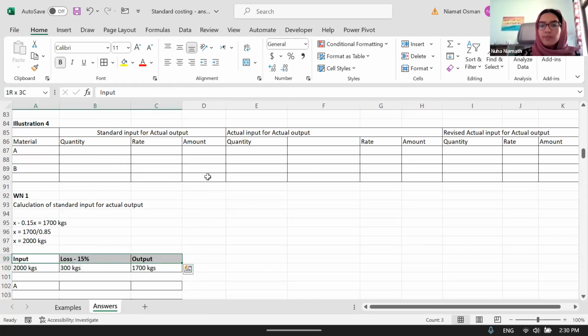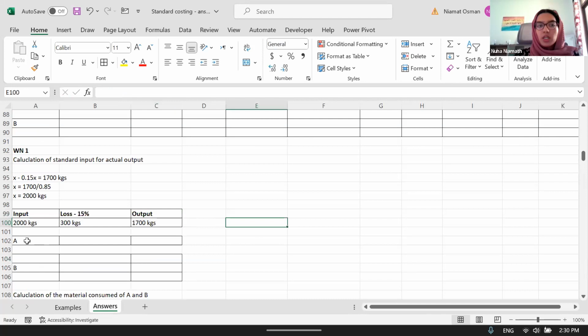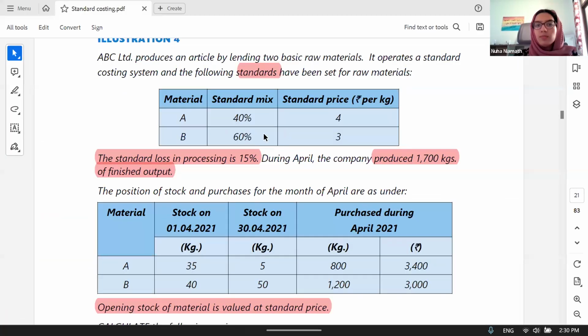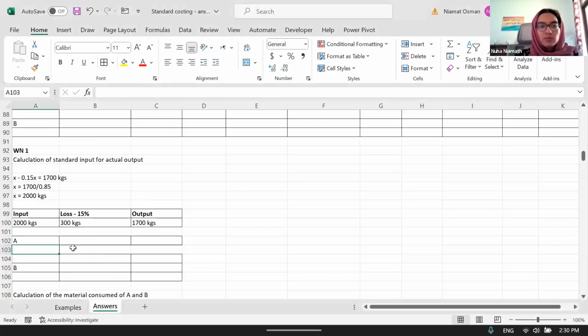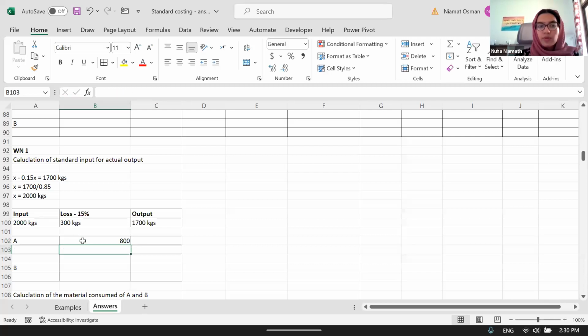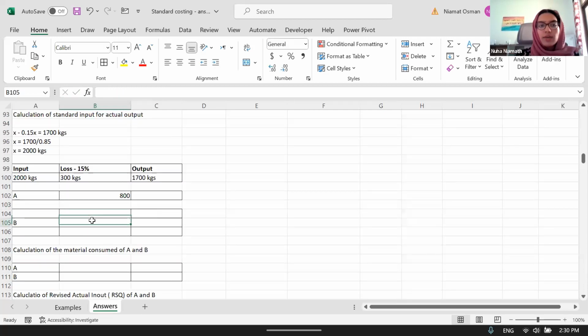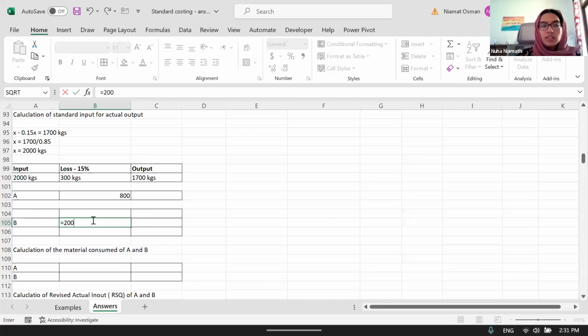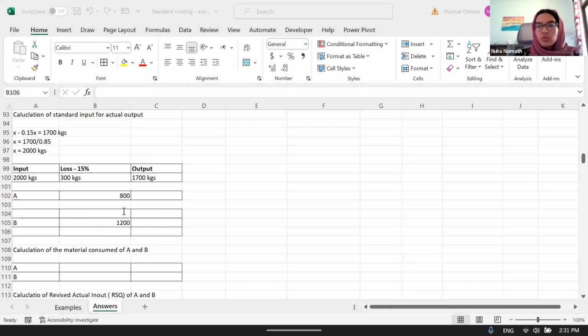All clear, everybody? Okay. Now, for A, what does it say? 40%. So, 2000 kgs into 40%: 800. Thank you, just now. And for B, it is 2000 kgs into 60%, right? 1200.